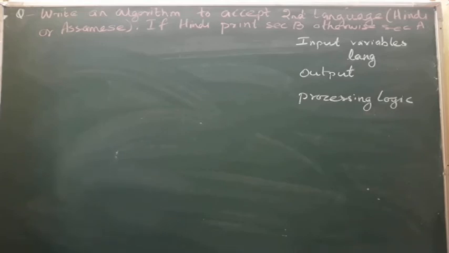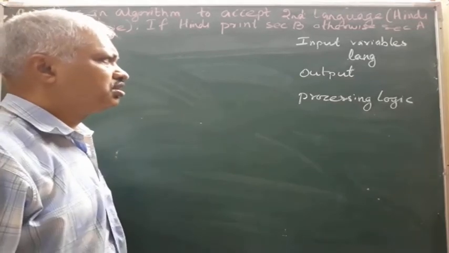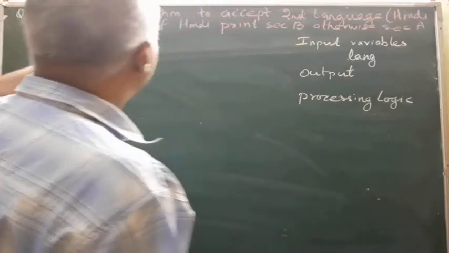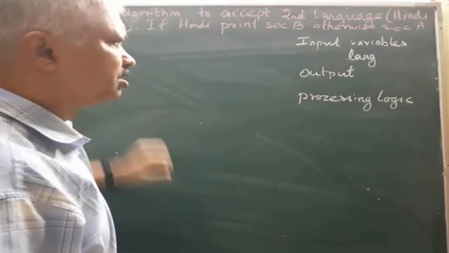Till now we have seen that we accept a variable that usually stores a number, but it can also store a character or a word or a sentence. In computer terminology we see them as strings. So here it is going to accept Hindi or Assamese.